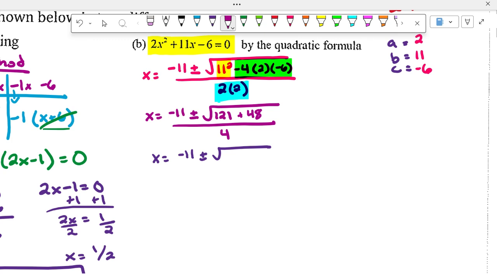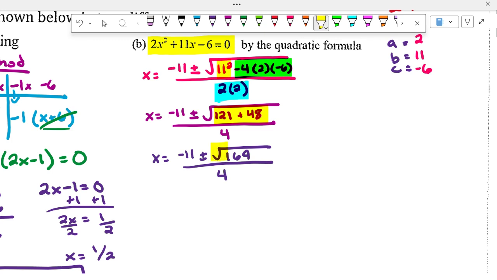Yeah, negative 4 times 2, that's negative 8 times negative 6, that's positive 48. I was about to say, we're supposed to get rational answers, so we should get a perfect square under the radical. So what's 121 plus 48? 169. Now that's a perfect square. All over 4.